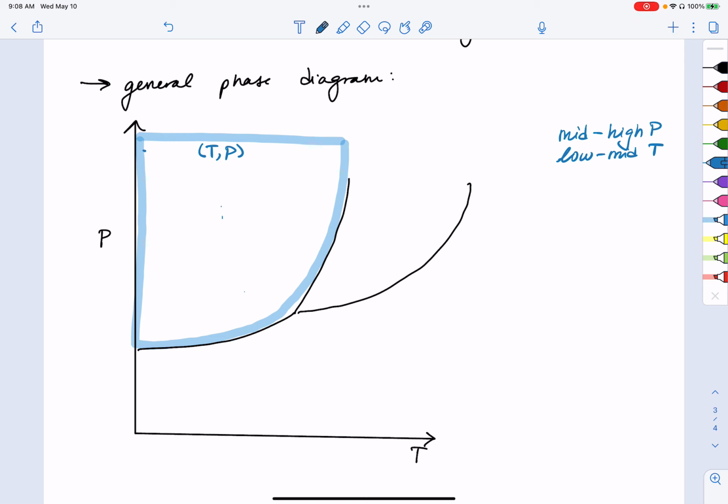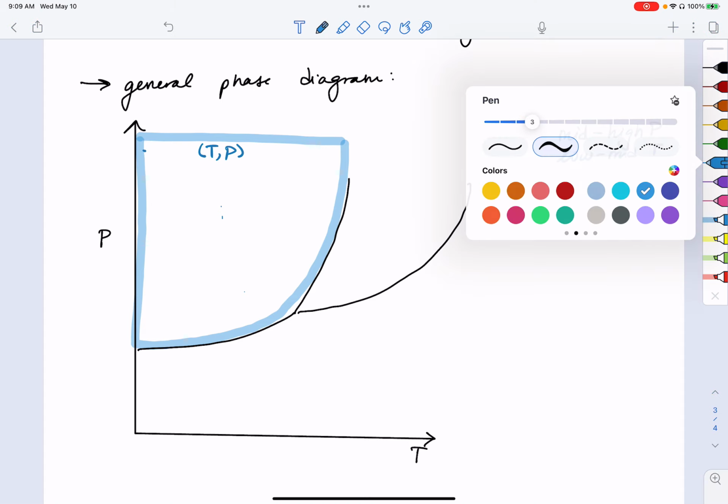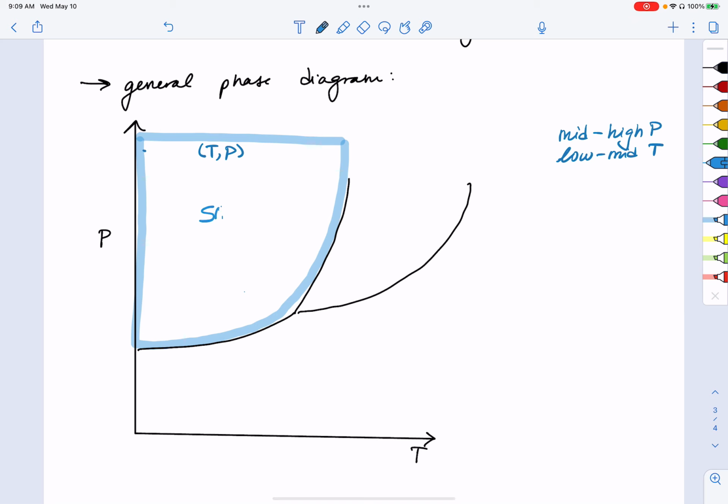You've got all those molecules nice and tightly packed. At low temperatures, those molecules are not in motion as much. So we would probably expect the phase at these conditions to be a solid. So in this region of the graph, you see just the solid phase. At any of these temperatures and pressures, you will find a substance in the solid phase.